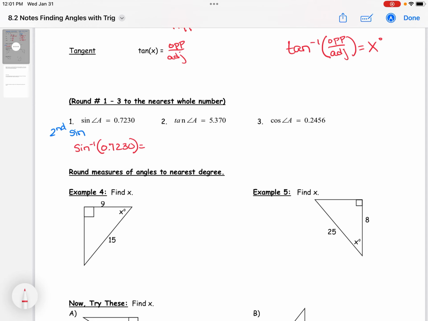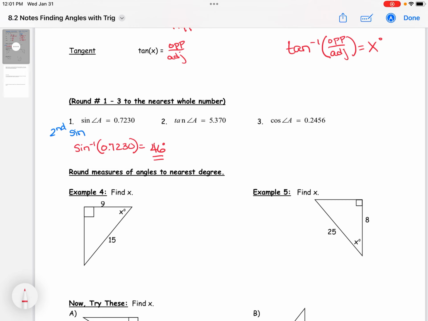Okay, so I'm going to put in 0.7230, equals. And the angle I get, remember I'm putting only whole numbers, is 46 degrees. All right.